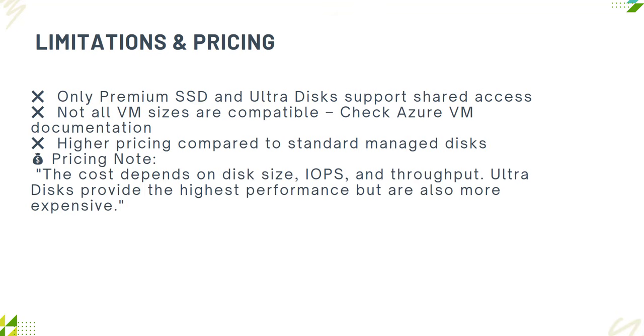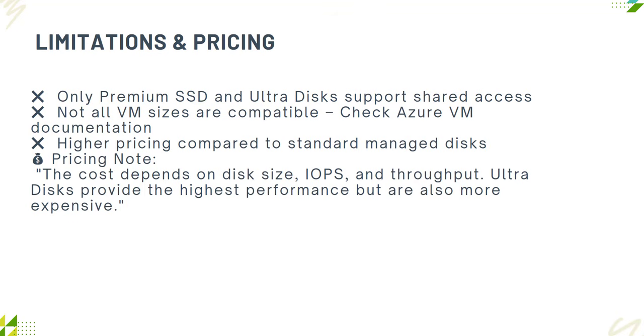Now there are some limitations also. Only Premium SSD and Ultra Disk are supported for shared access. Not all VM sizes are compatible, so we have to check the VM documentation. Pricing is higher compared to standard managed disks, and it is an important factor we need to consider.